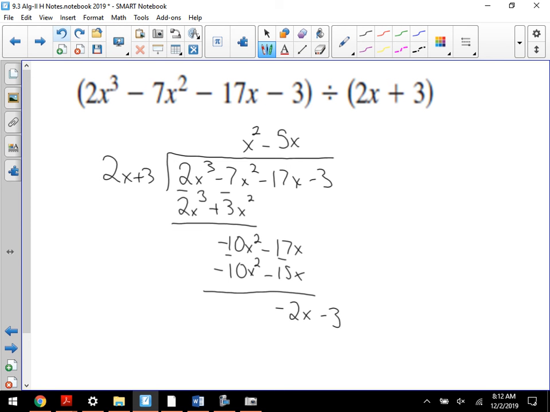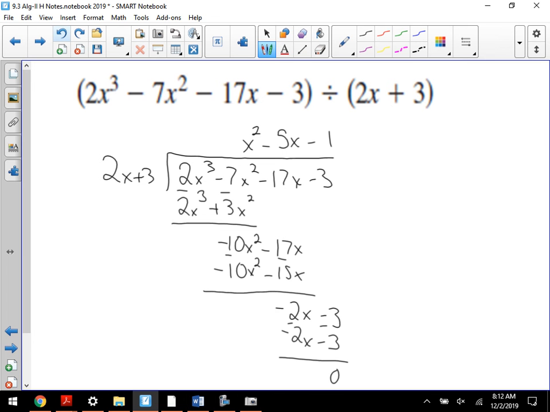And when you multiply 2x by it, it turns into -2x. 1. And there is no remainder. Very good. Which meant that 2x plus 3 was in fact a factor of that.